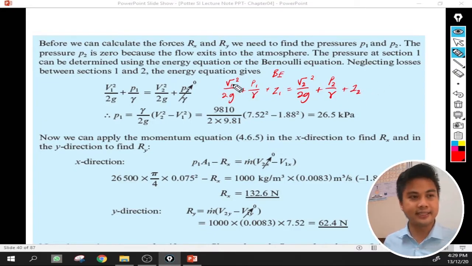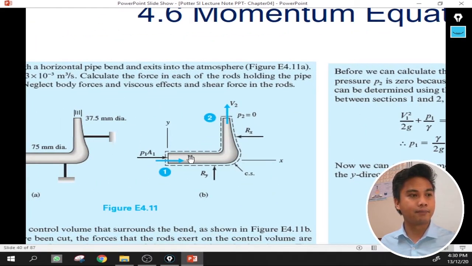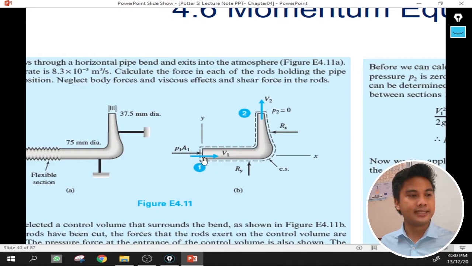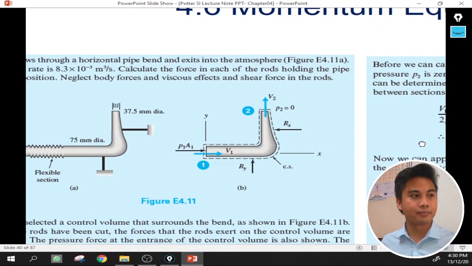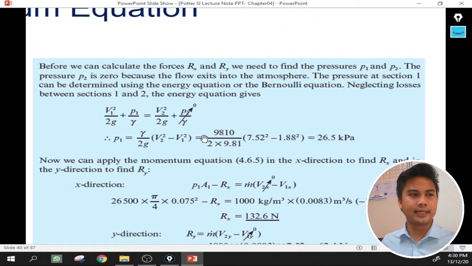So since we consider that Z1 and Z2 are very small, you can see the radius is in millimeters, so 0.1 and 0.2, the Z is very small, almost equal, almost zero.